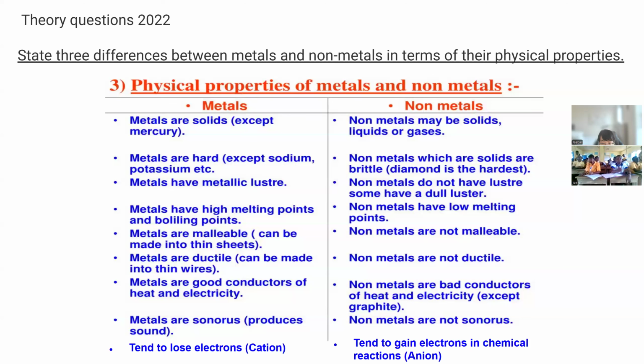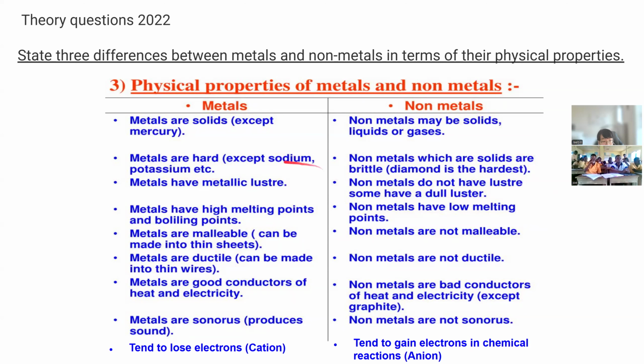Depends on the structure, but most nonmetals break easily. These are some other differences, but you do not need to know all of them. Just remember that metals conduct electricity, nonmetals do not.